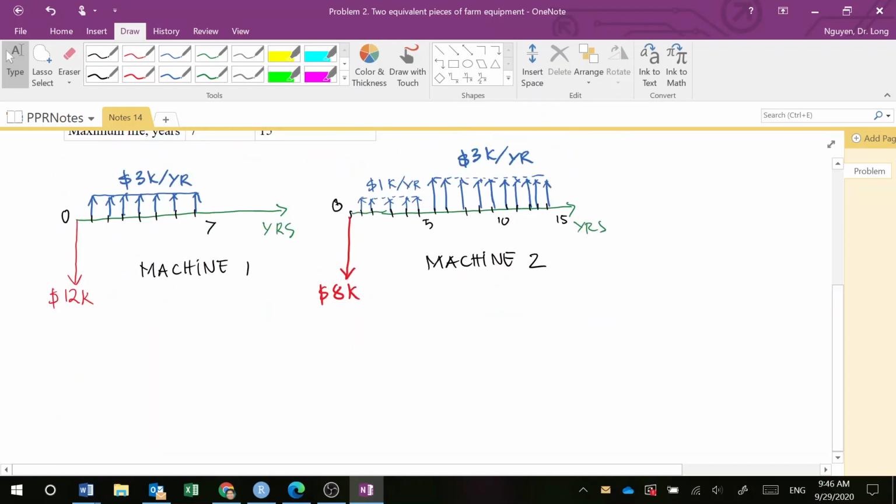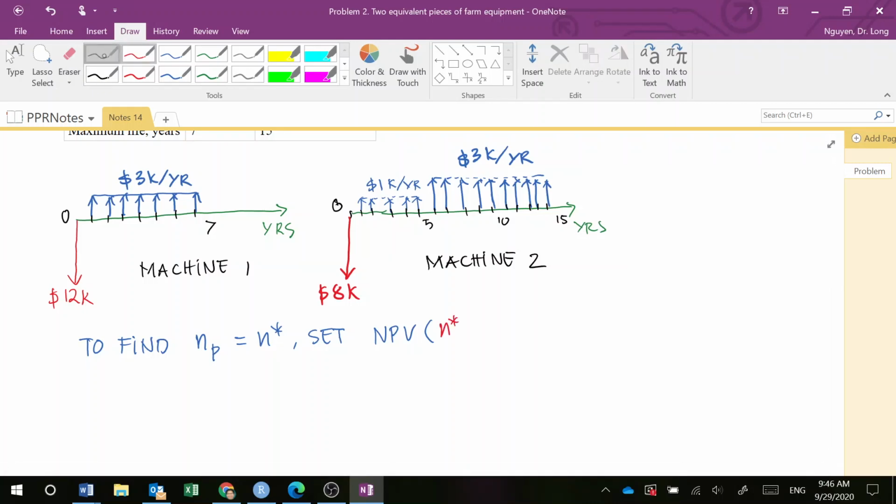To find the payback period, just to remind you from the note, we have NP equal to N star, and we set the NPV, the net present value, with the unknown N star, equal to 0.